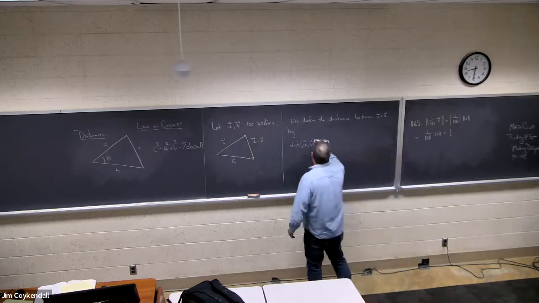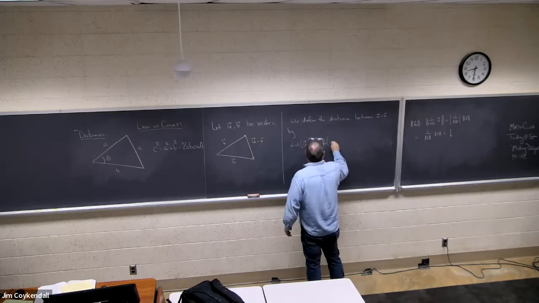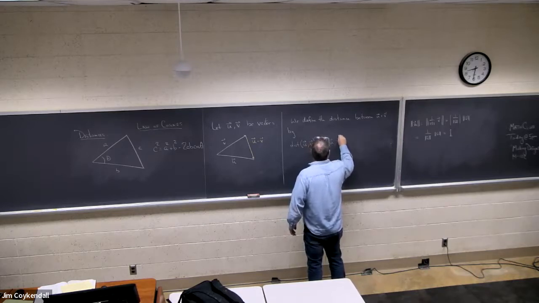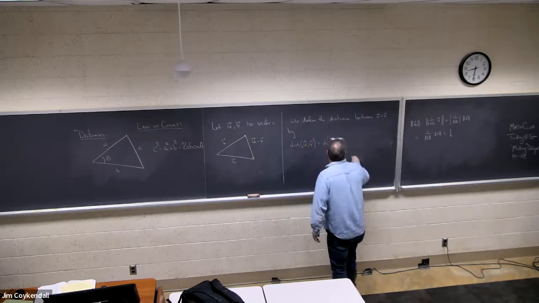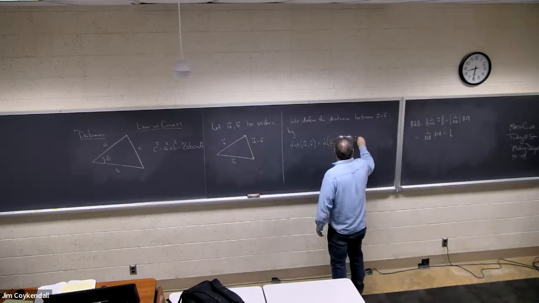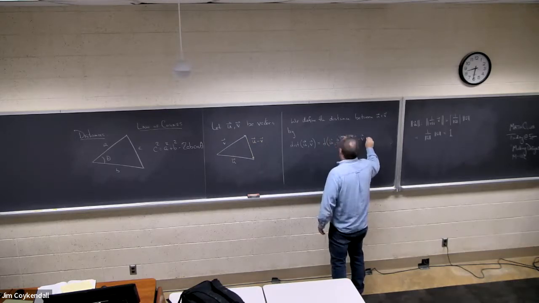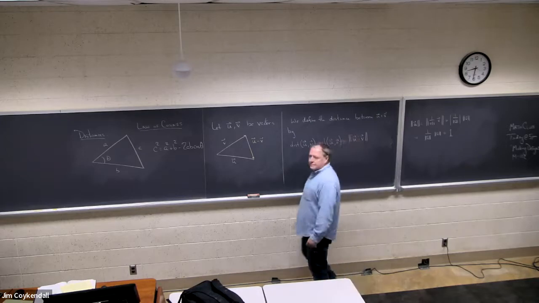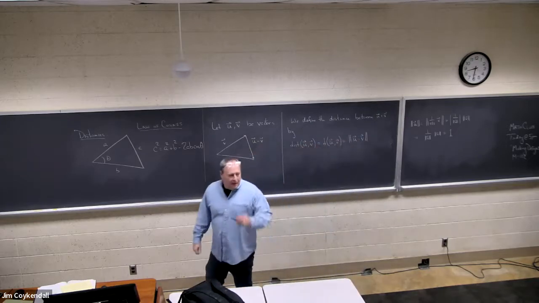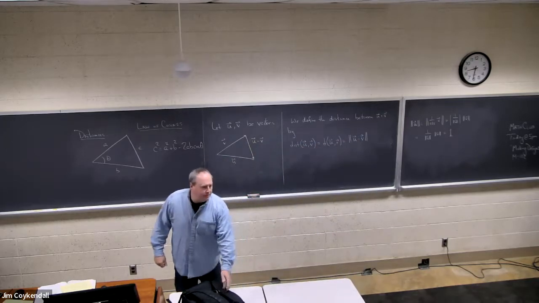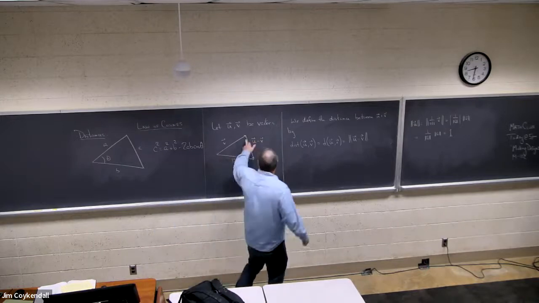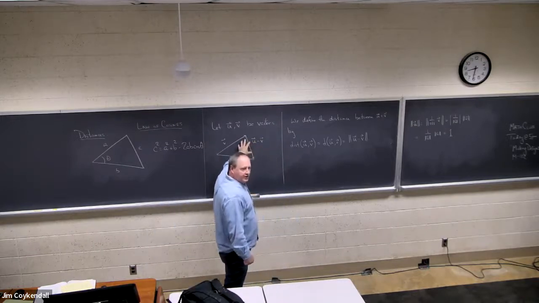I will sometimes just call it D for distance between U and V. This is just the length of the yellow side. Everybody agree with that? This is what we're calling the distance between these vectors. Just measure the difference between their heads, which is U minus V.